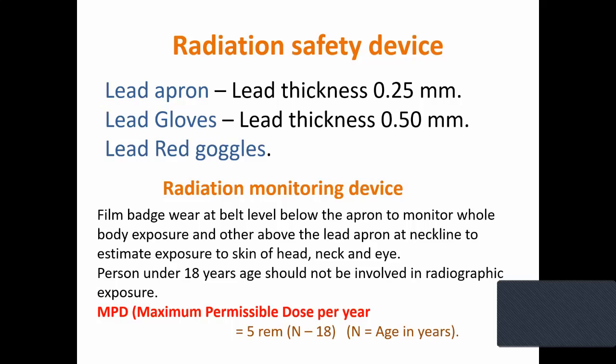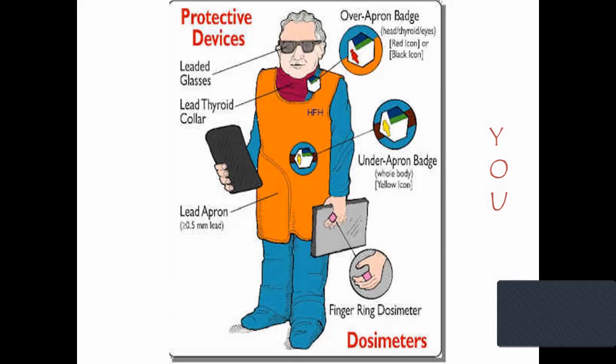So next, now you see, this one is the film badge that is worn above the apron at the neck level. This one is the film badge that is worn below the apron at the belt level. And here is this ring also. Then these lead goggles.